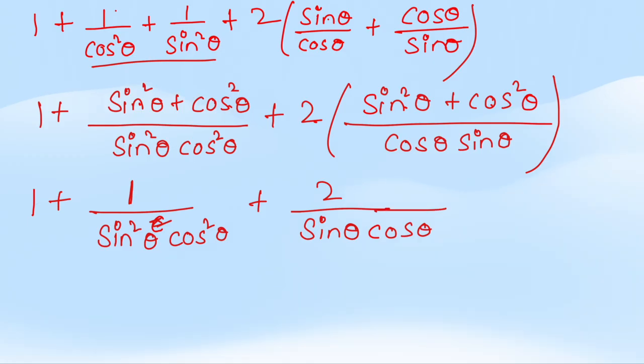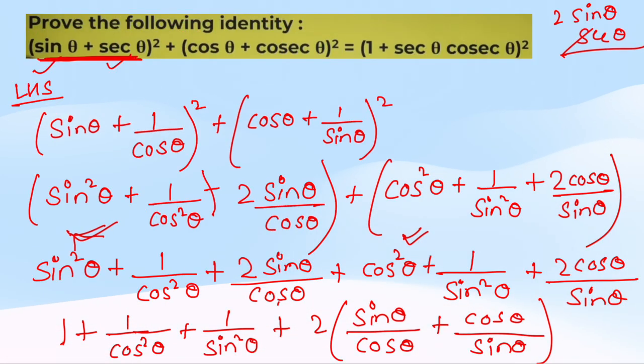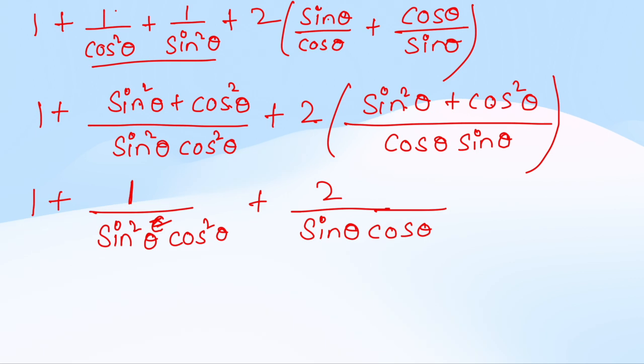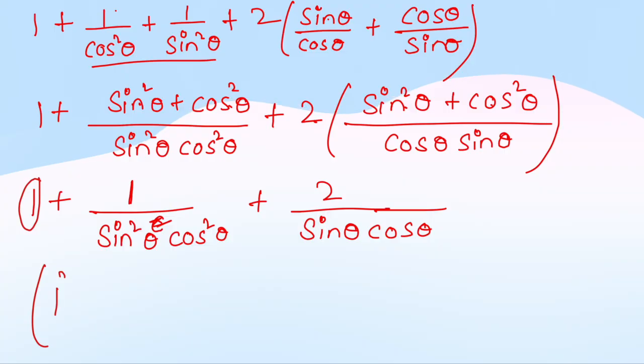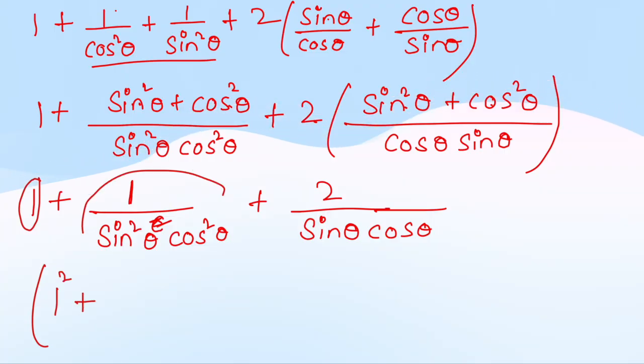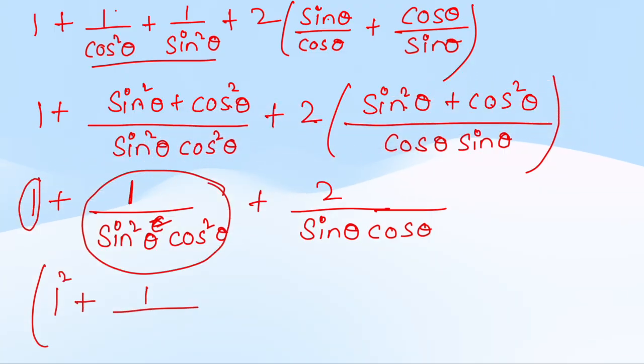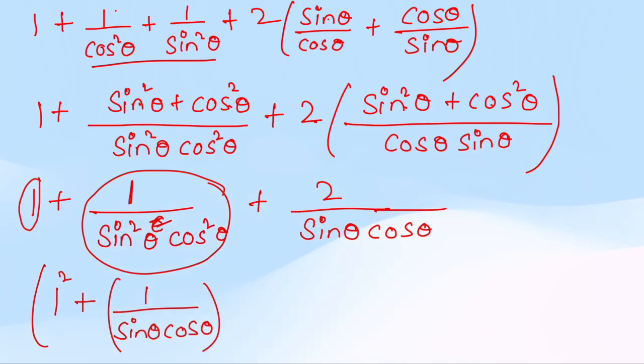Now see, what do we have to convert? I have to convert it into a whole square format. 1 plus, very good, 1 by cos and 1 by sine, the whole square. So if I try to see this, what is written? This is the first term, 1 square, a square plus b square and plus 2ab.